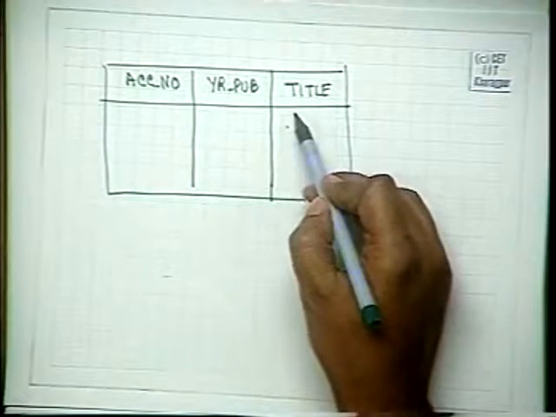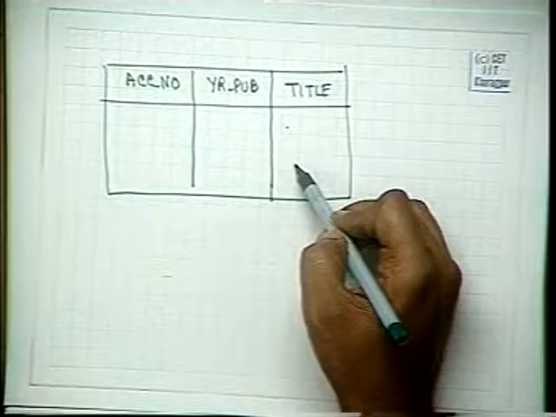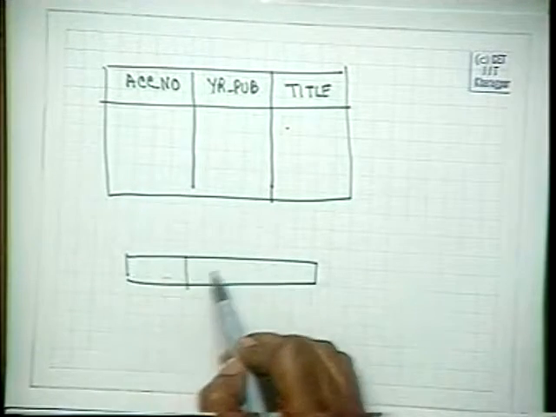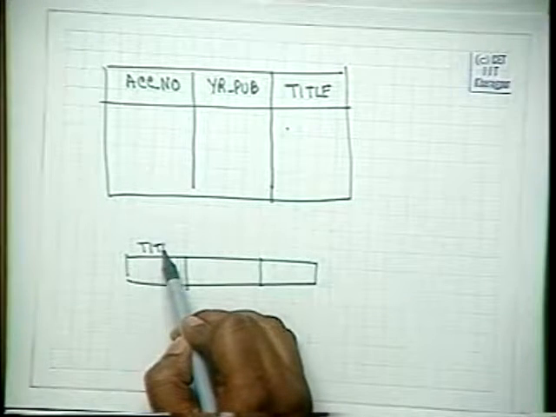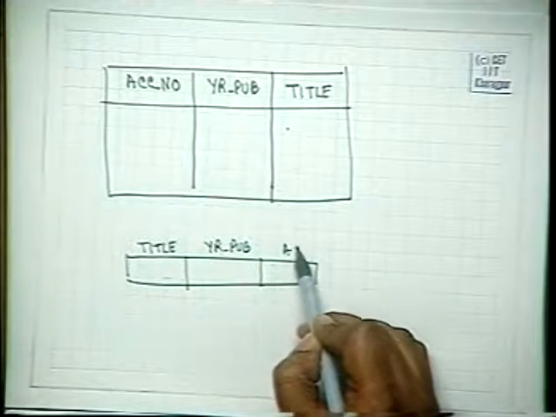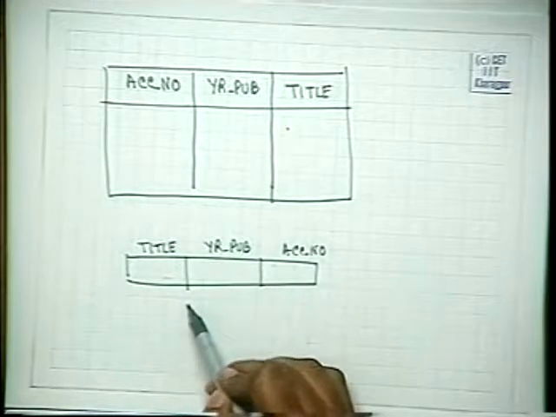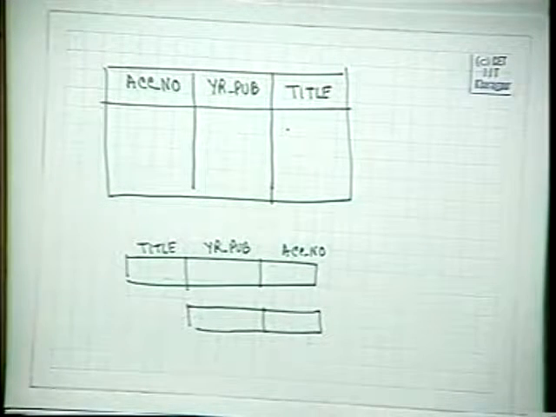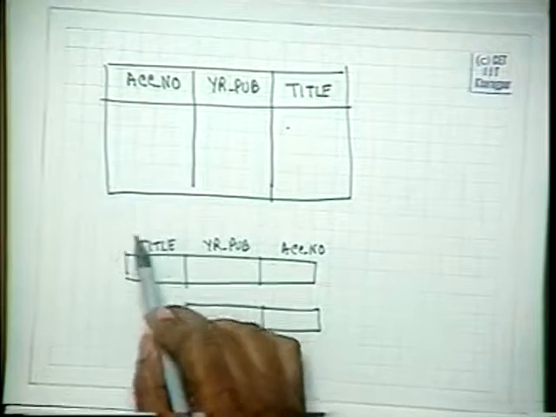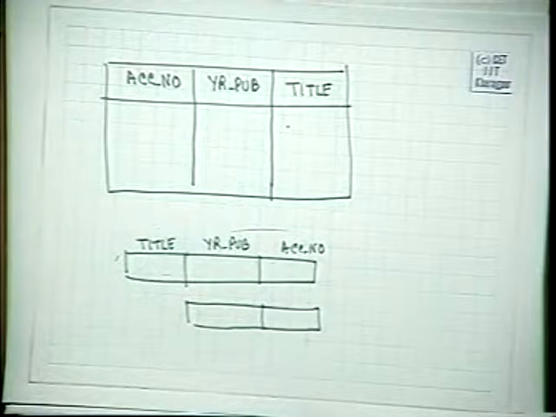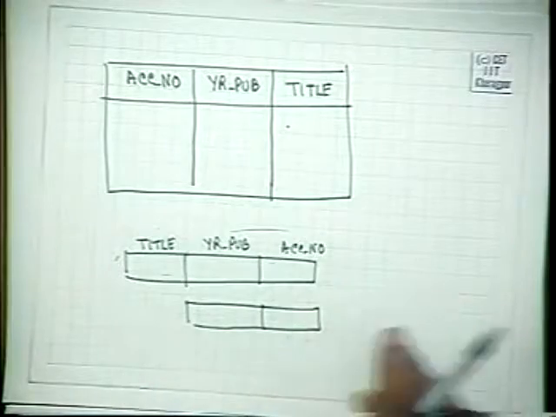We may like to store only all the titles consecutively, and we will have the record structure like this. There will be two types of records, one with the main thing which has the first one, title, year of publication and accession number, and the rest of them which have the same title will only have year of publication and accession number. Or we may have one with only title and another with year of publication and accession number. So this is how we really generate variable length types of records also.